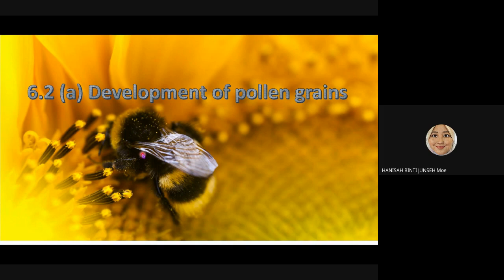So the role of this bee is to disperse the pollen grain, to help spread it so that the pollen grain will go to the female structure. And later we will discuss in more detail about that.